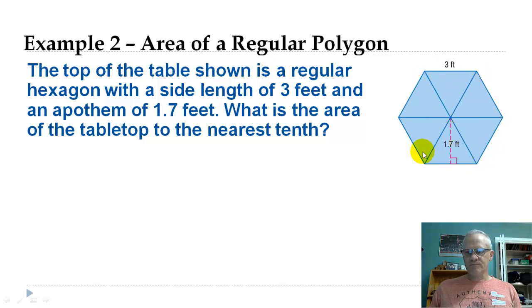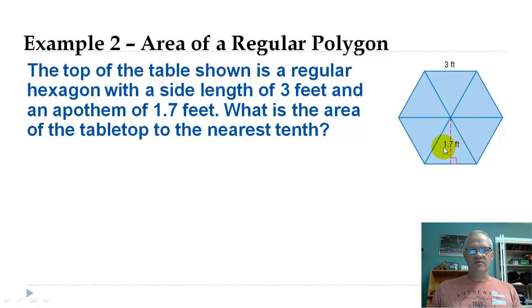And so what we did was we split this hexagon up into 6 individual triangles. Well, if I'm going to find the area of this, could I try to find the area of each triangle separately? Yes, the answer is yes. And since this is a regular polygon, when we split this up this way, all of these triangles will be exactly the same.